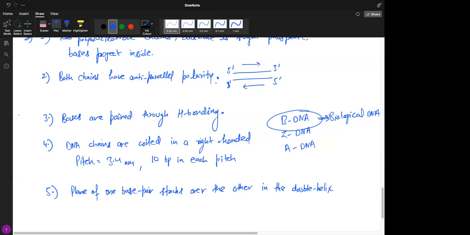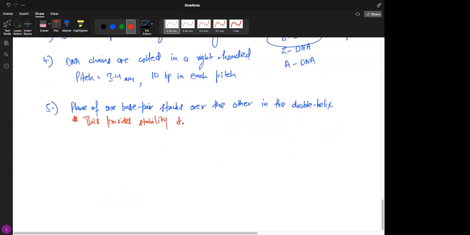And you would like to make a star mark and write, this provides stability to the helical structure.